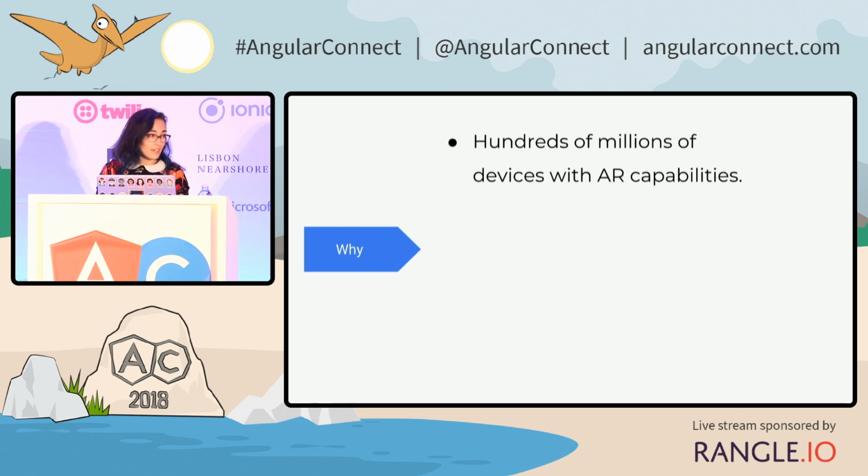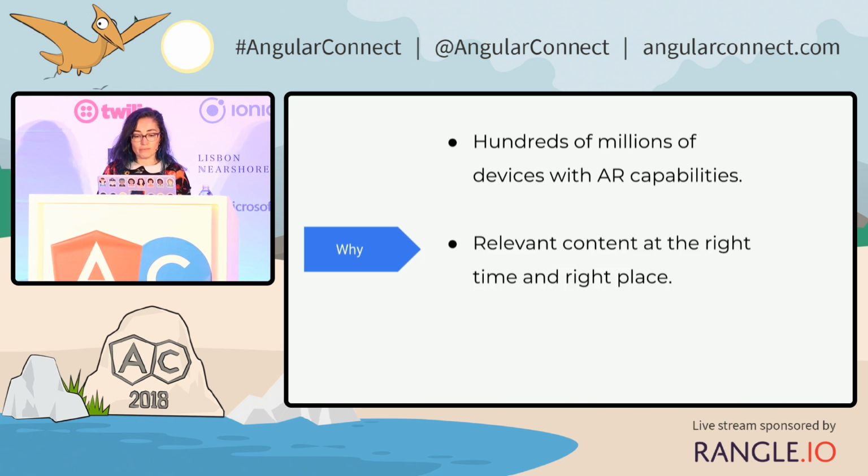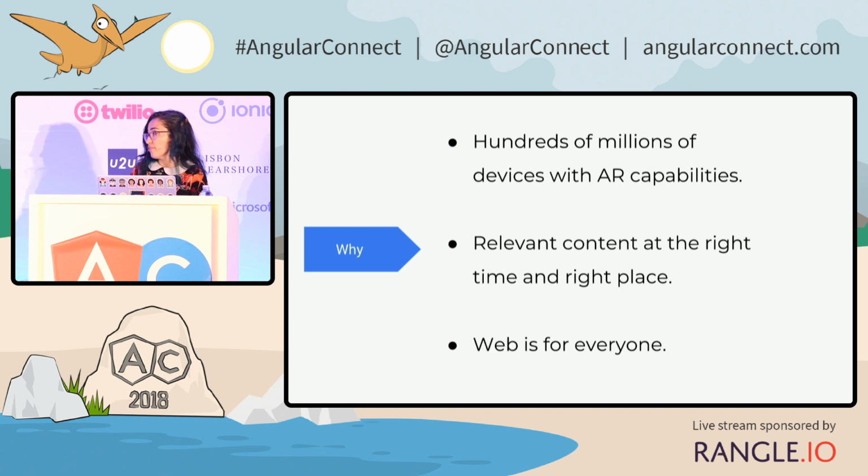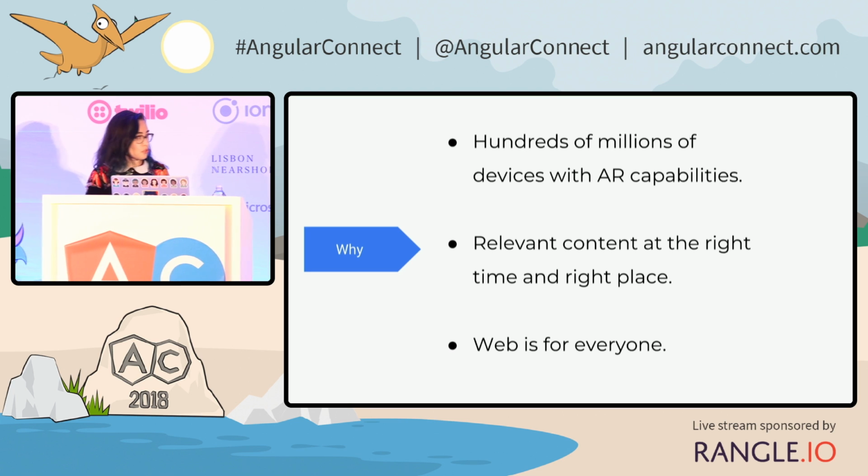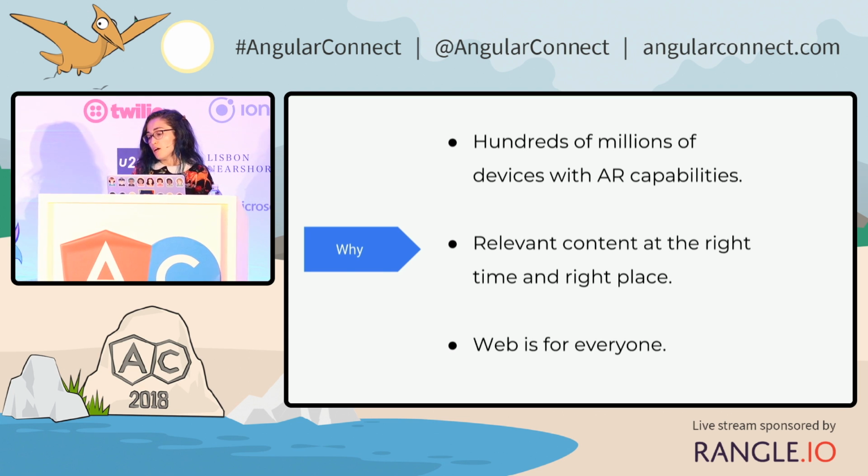And today is the time to create it, because right now there are hundreds of millions of devices that have the capability that we are not taking full advantage of. And relevant content at the right time and right place is very, very important. And lastly, web is very important to me, although our devices, Android and iPhones, are so much more capable when it comes to creating 3D content. But web is very important because it's available to everyone.